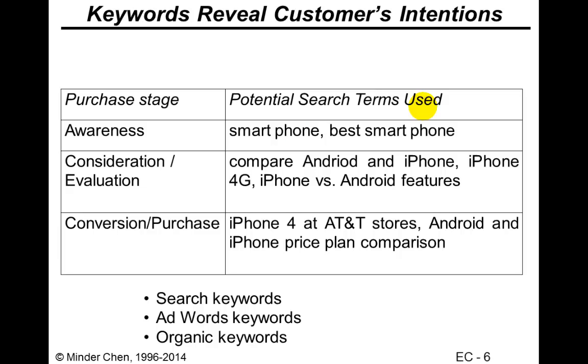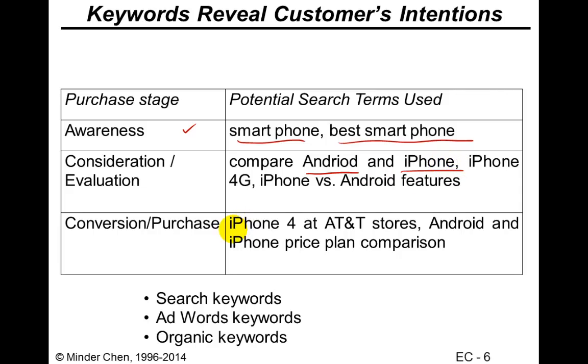This example that I have is in the context of smartphones. If people use a keyword like smartphone, best smartphone, they're in the awareness stage. And if they're more specific in terms of the product name, then they're probably in the consideration and evaluation phase.